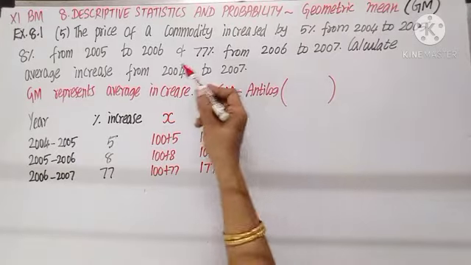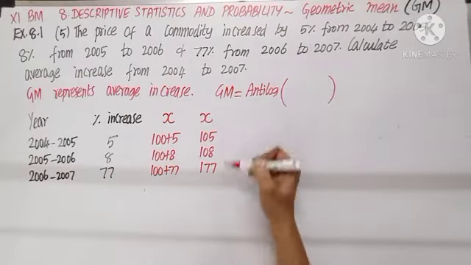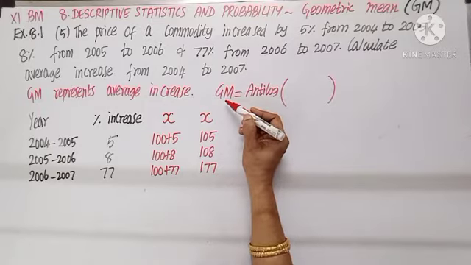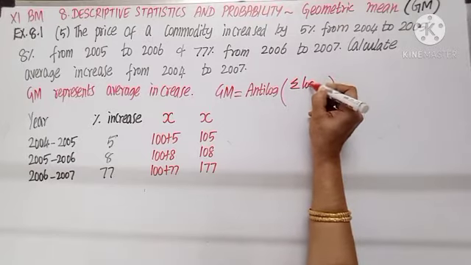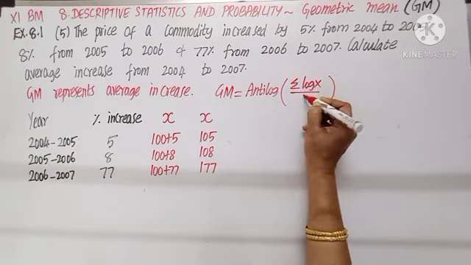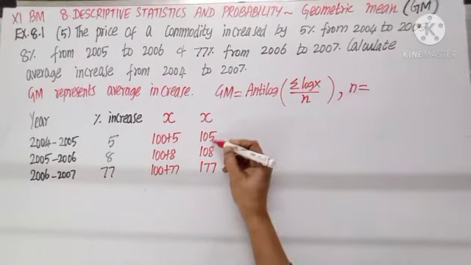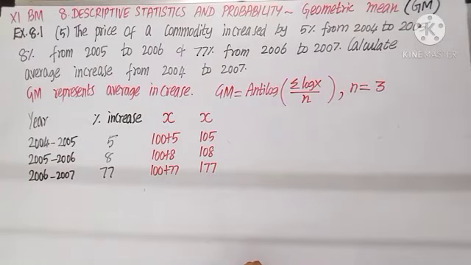Is frequency given? No. When x values are alone given, what is geometric mean formula? Antilog of sigma log x divided by n. What is n? Here there are only 3 observations, so n is equal to 3.